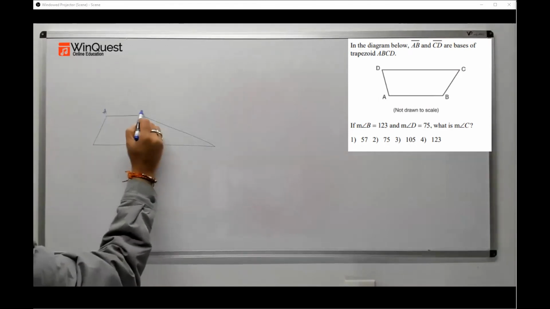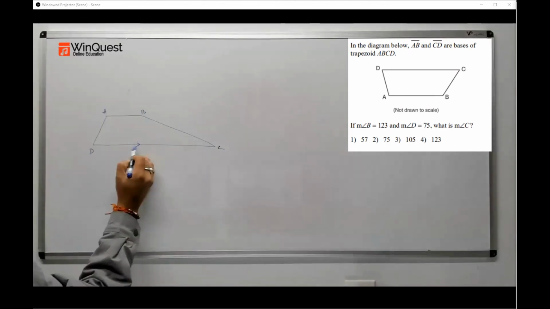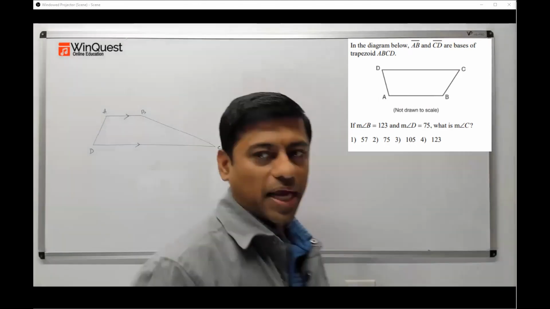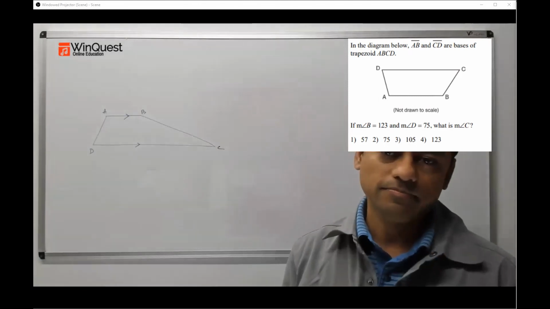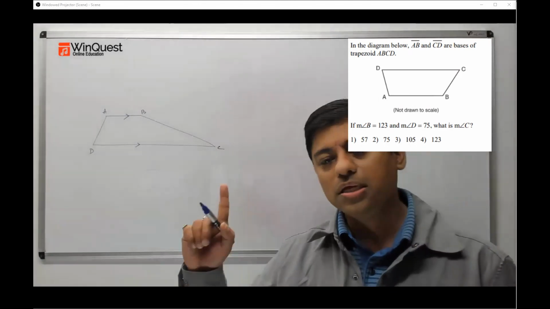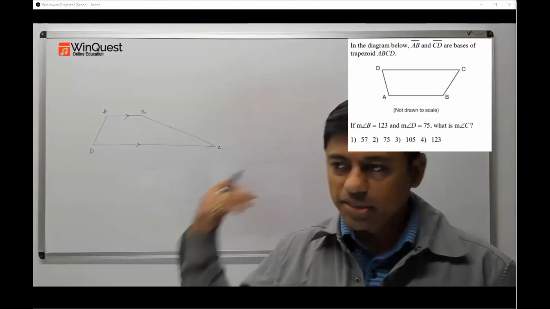A, B, C, D. If you get this and this parallel, this is a trapezoid. As long as in the quadrilateral one side is parallel, it's a trapezoid.